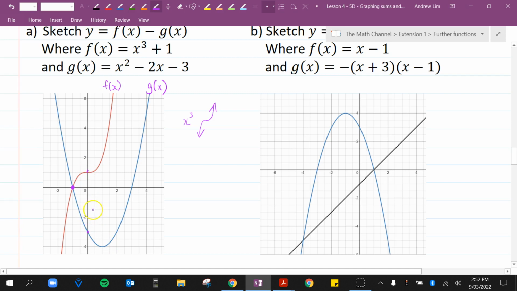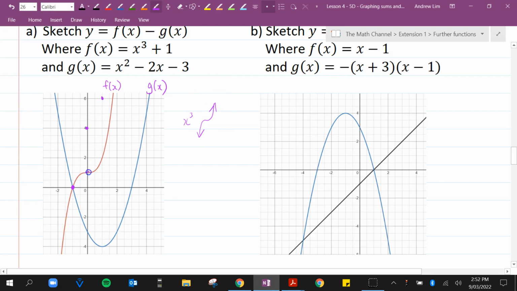So 1 minus minus 3 is positive 4. 2 minus minus 4 is positive 6. Okay, now you might be tempted with these 3 points to think, oh, it's going to look something like this. Right, but we should know that it's a cubic. So don't draw that.